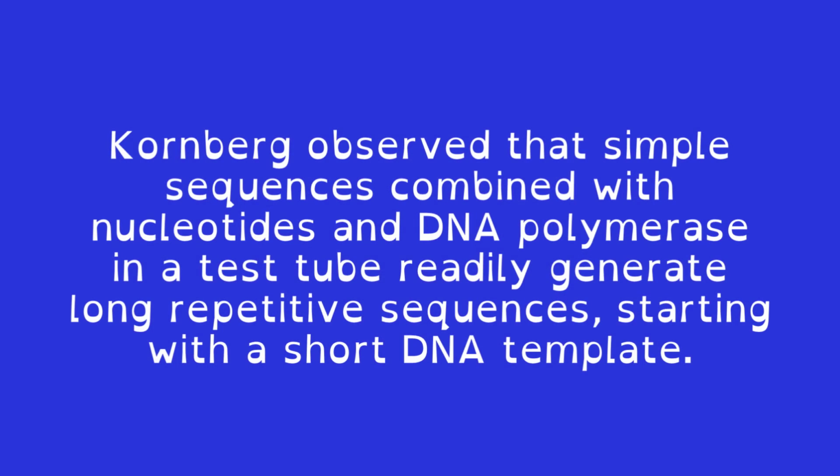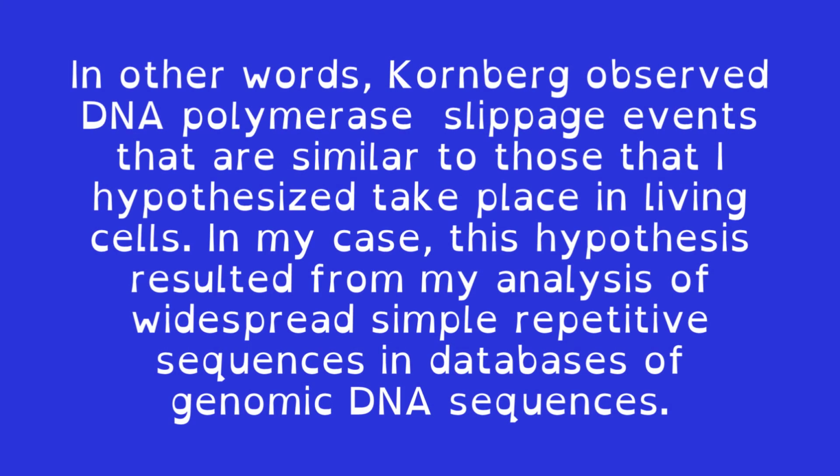Kornberg observed that simple sequences combined with nucleotides and DNA polymerase in a test tube readily generate long, repetitive sequences, starting with a short DNA template. In other words, Kornberg observed DNA polymerase slippage events that are similar to those that I hypothesized take place in living cells. In my case, this hypothesis resulted from my analysis of widespread simple repetitive sequences in databases of genomic DNA sequences.